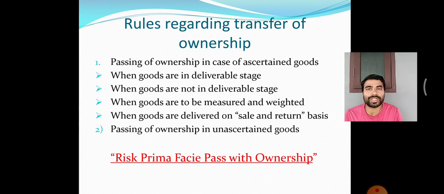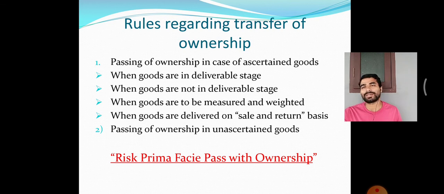You pass your ownership to the person along with the risk of loss. Both will move or transfer parallelly. So when you transfer goods, you are not just transferring the goods. That is the funny thing. You transfer goods along with the risk of loss. That is the point. Risk prima facie passes with ownership.